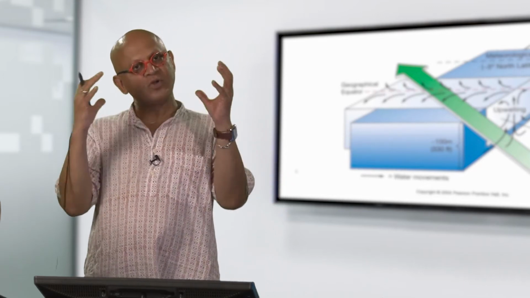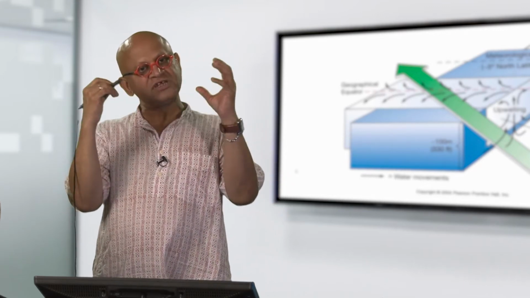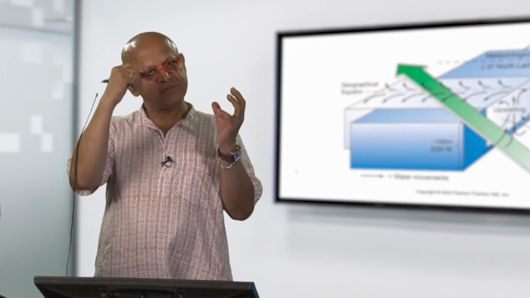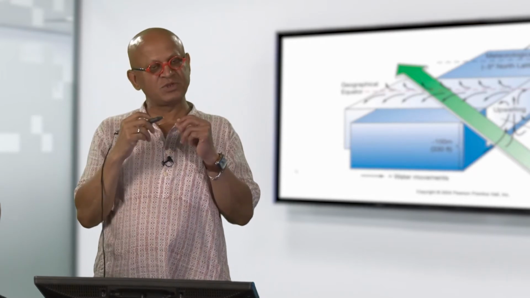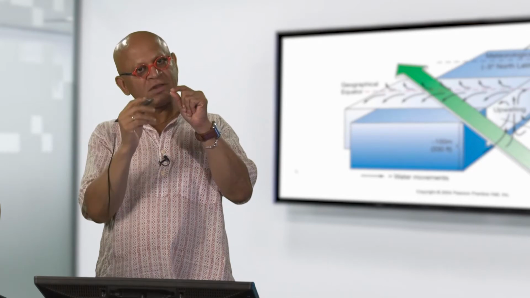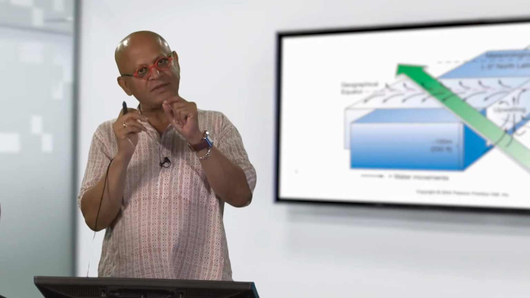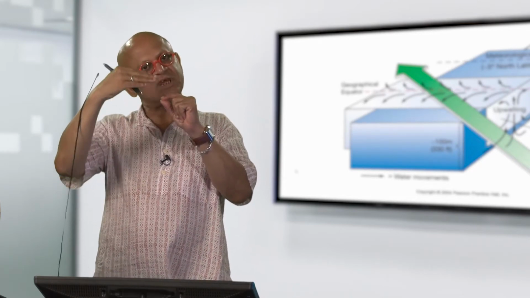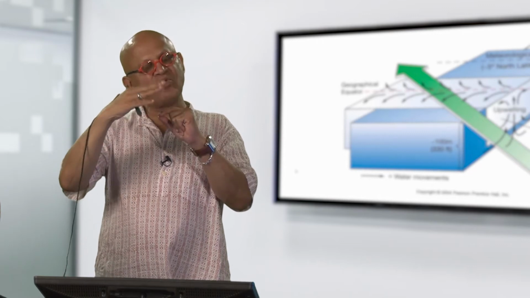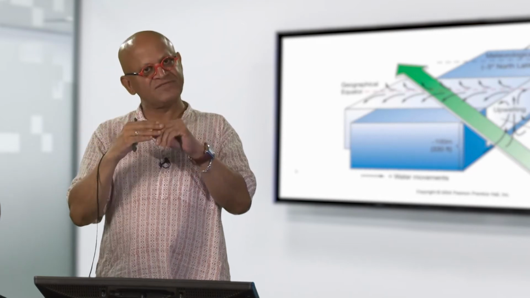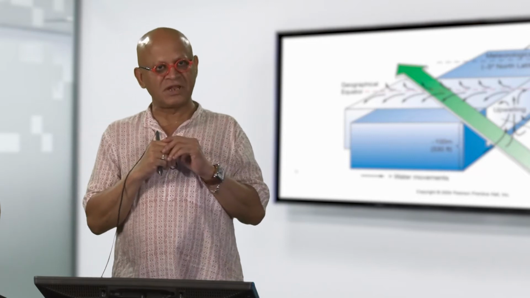And if you remember Coriolis, it starts with 0 at the equator and keeps increasing towards the poles, which means if you are going on the equator, you are not moved to the left or right, right. But as soon as you step off the equator, you are being moved to the right in the northern hemisphere and to the left in the southern hemisphere.